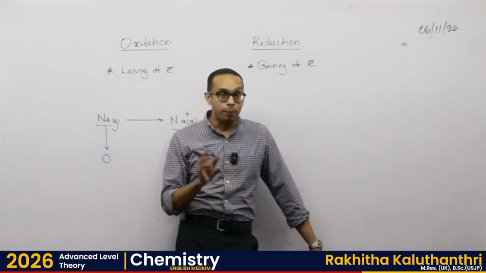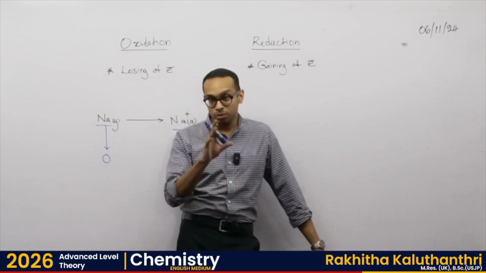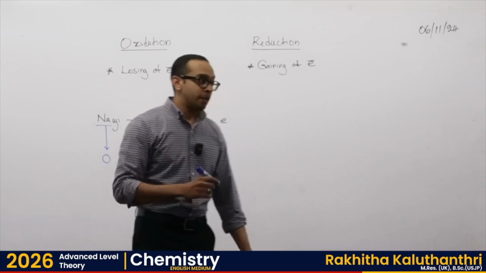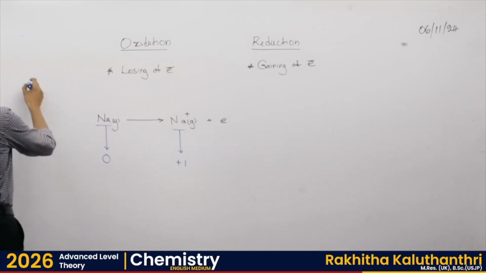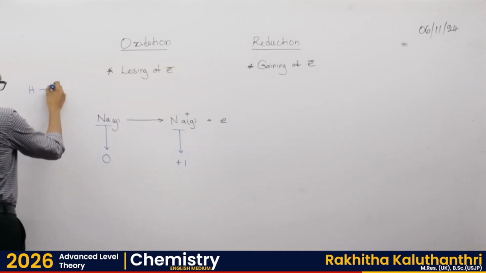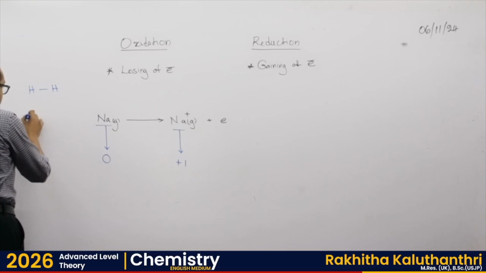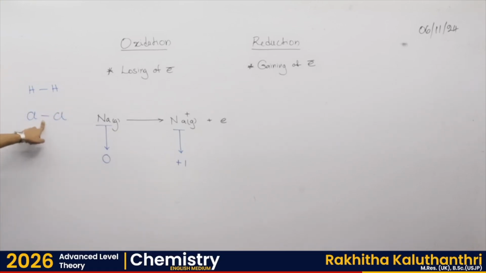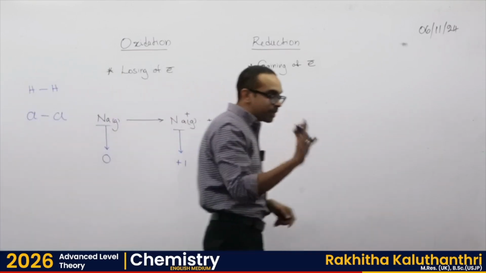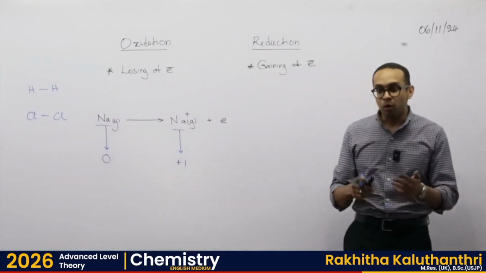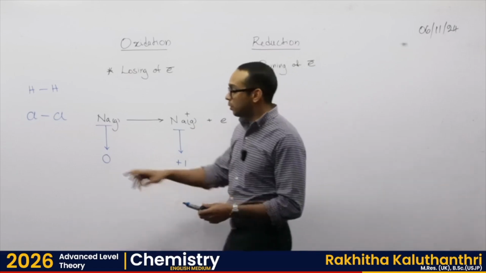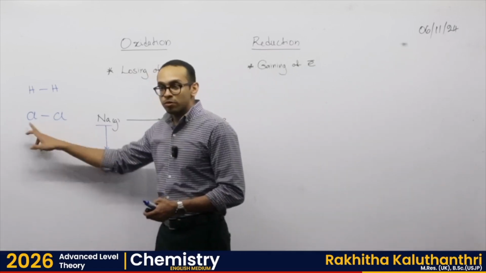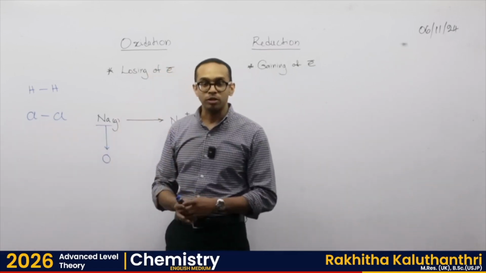Okay. Apart from that, when it comes to certain molecules, like for example chlorine, hydrogen, molecules that are bonded to themselves, right? Basically students, here their electrons are evenly shared, no? Because of that, there is not going to be any oxidation number differences between the two atoms. Both of them are considered to be 0 in oxidation number.